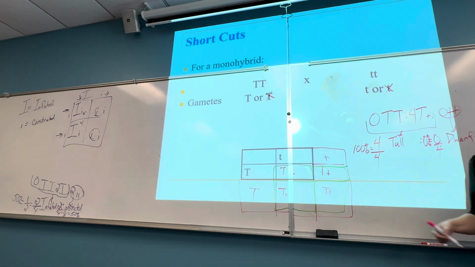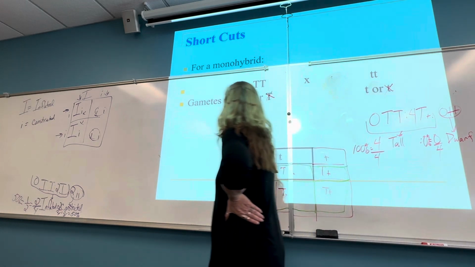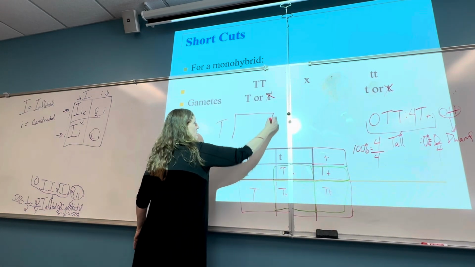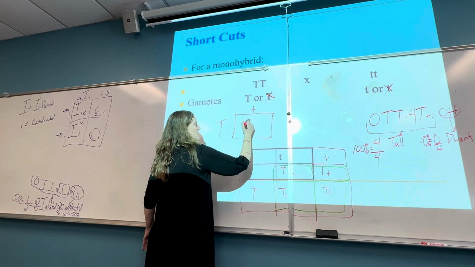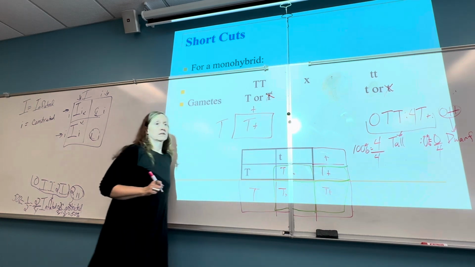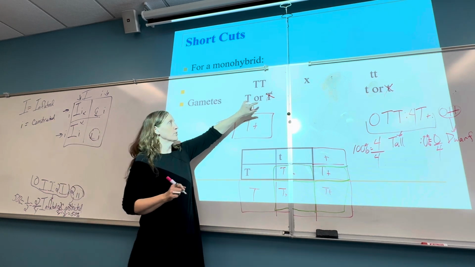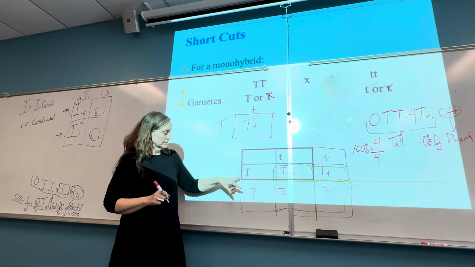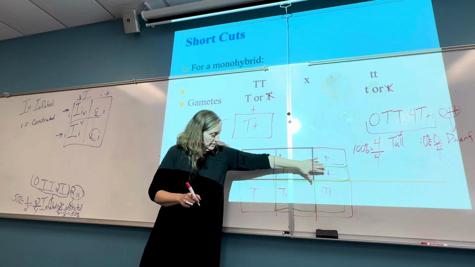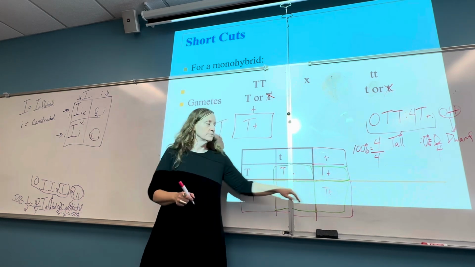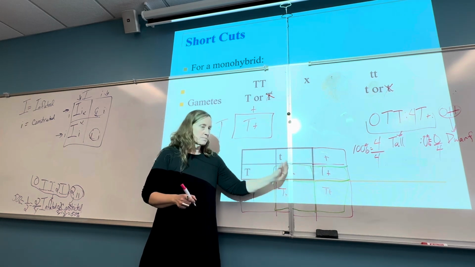If, let's say, we just did our shortcut here, and we only represented one of each kind of gamete, because when you have one that repeats, this row here is the same thing as that row. This column here is the same thing as that column.